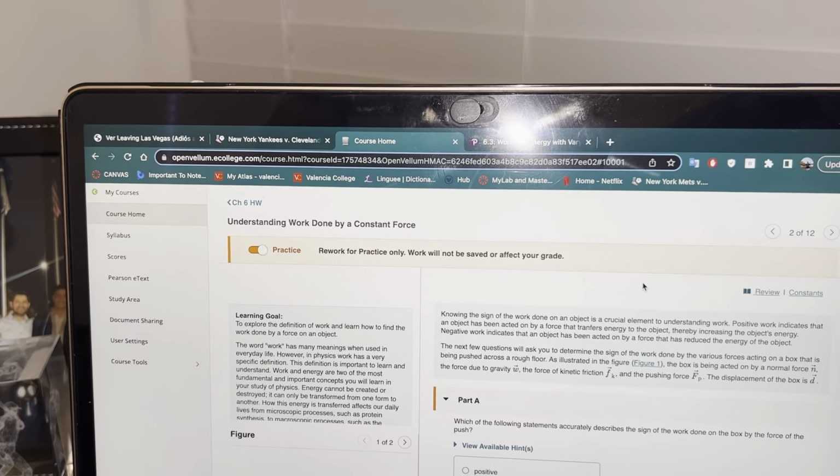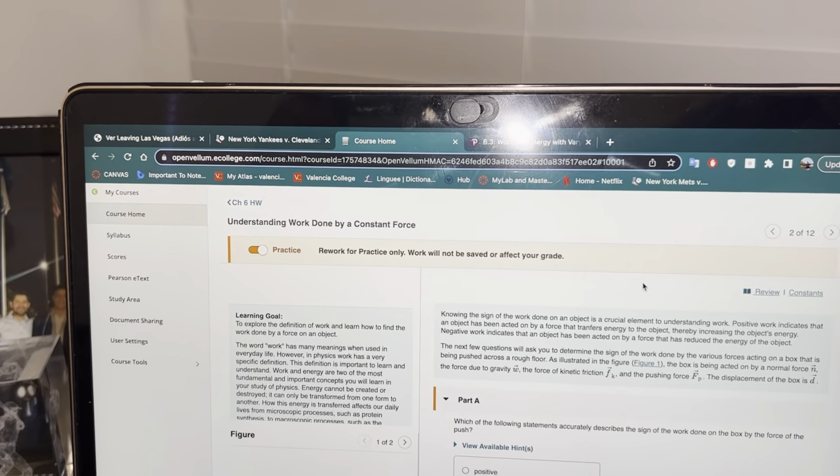So let's see what we got. W equals W sine of theta, and then they label it distance, so D, times cosine of theta.